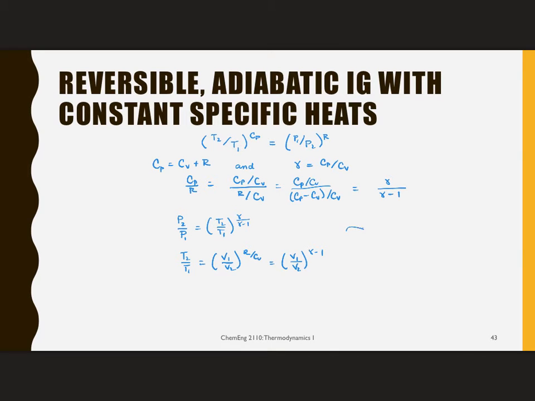Clearly you could rearrange any of these things, so that you could have T2 over T1 is P2 over P1 to the gamma minus 1 over gamma power, just the reciprocal. You could play all sorts of games with this, but these relationships are an important set of equations that help us do quick calculations for ideal gases.